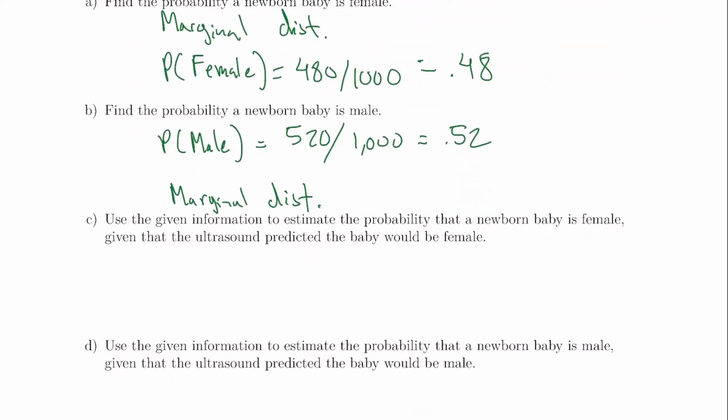For C, it says use the given information to estimate the probability that a newborn baby is female, given that the ultrasound predicted the baby will be female. So for this one, do we already know the baby is female, or do we already know that the ultrasound predicted the baby will be female?